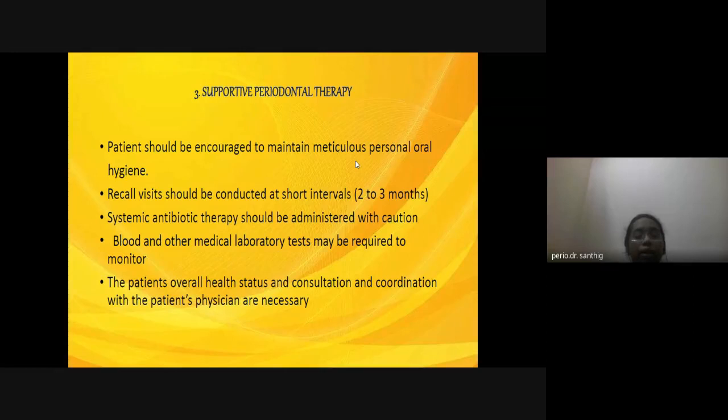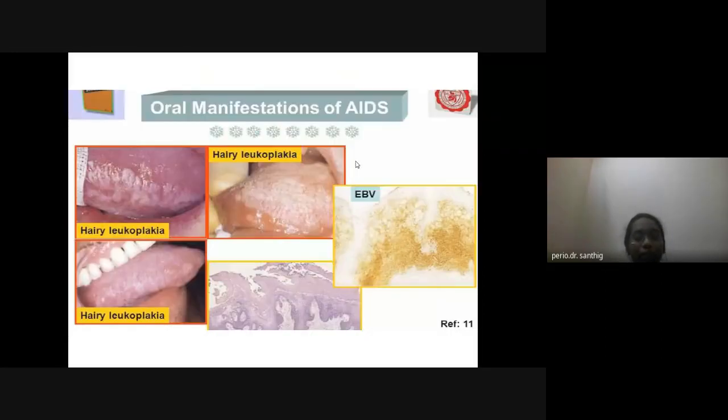Systemic antibiotic therapy should be administered with caution, and blood investigations you have to do, and consultation and coordination with the patient's physician regarding overall health status are necessary. So these are the different oral manifestations of patients with HIV: hairy leukoplakia and Epstein-Barr virus.